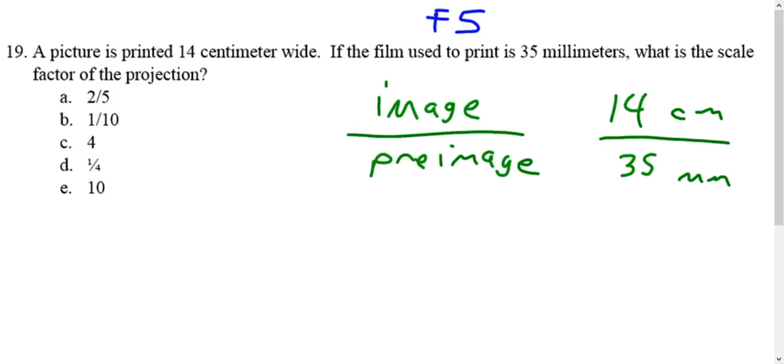And we need to convert that so that it's the same unit, because we cannot have centimeters and millimeters mixed up. So 10 millimeters equals 1 centimeter. That means that 14 centimeters is actually 140 millimeters.